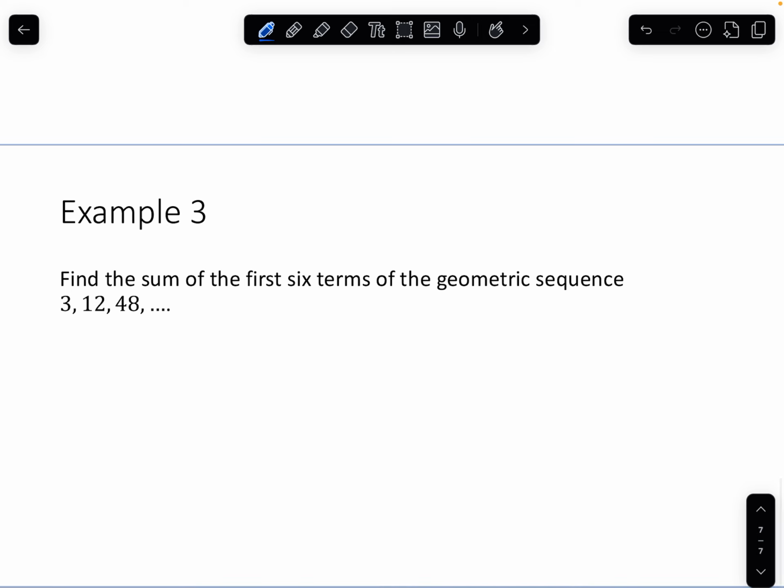For this, I want to find the sum of the first 6 terms of the geometric sequence 3, 12, 48. So the value for n for this one is going to be 6. a is going to be 3, and r is 12 over 3, or 4.